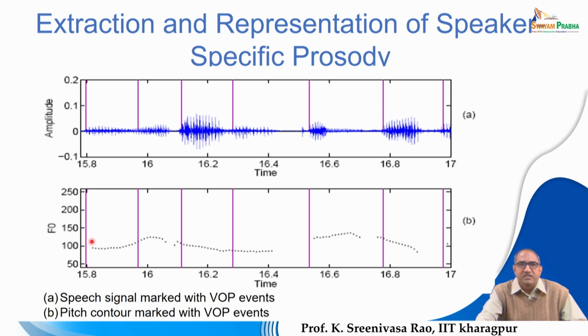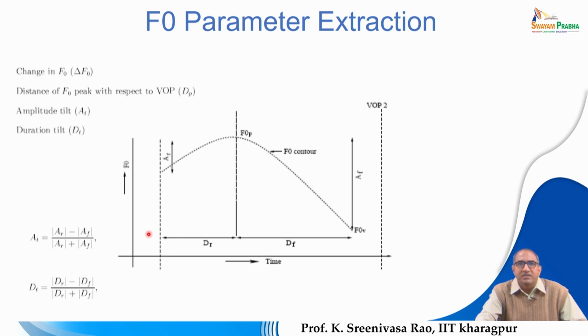For parameterizing the intonation pattern with respect to each syllable, we use the technique known as tilt parameters. Using these tilt parameters, we can parameterize any shape, like amplitude tilt and duration tilt.